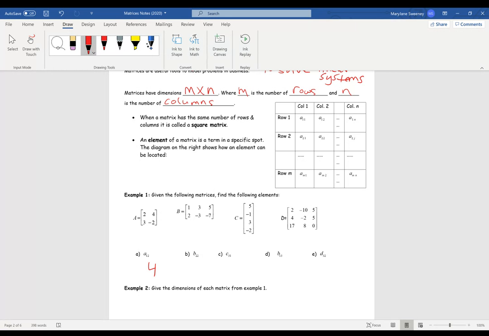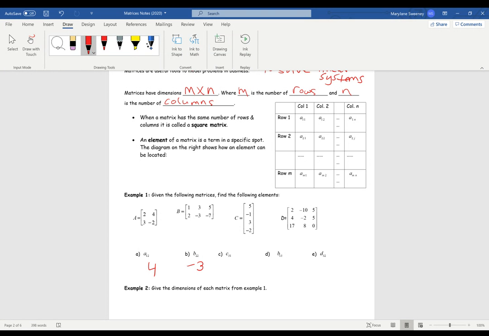So the element in row 1, column 2 is 4. B22 means in matrix B, you're going to go row 2, column 2. So across the rows, down the column, that would be a -3.